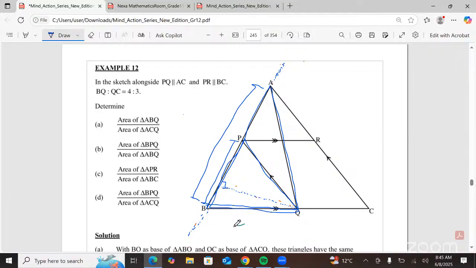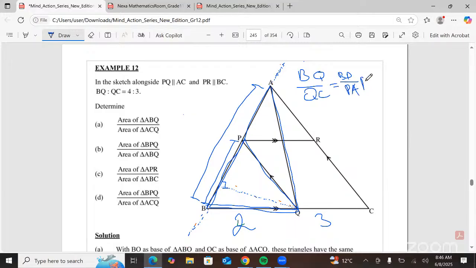Since we have the ratio for BQ is 2 and QC is 3, we can just use the proportionality theorem. Now we can just say BQ over QC is equal to BP over PA.